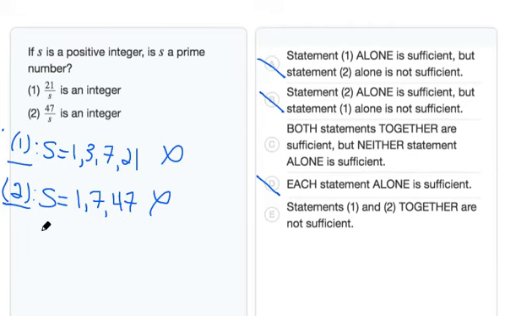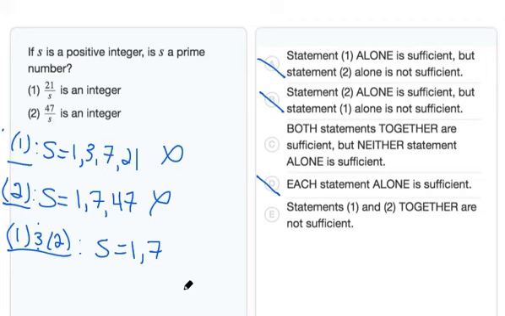So our last resort is to combine the statements. What if we consider all of the information from statement 1 as well as from statement 2? Now combining these statements means that we need to find the S that works for both scenarios. So those possible S values are 1 and 7, and they arrived in both statements.